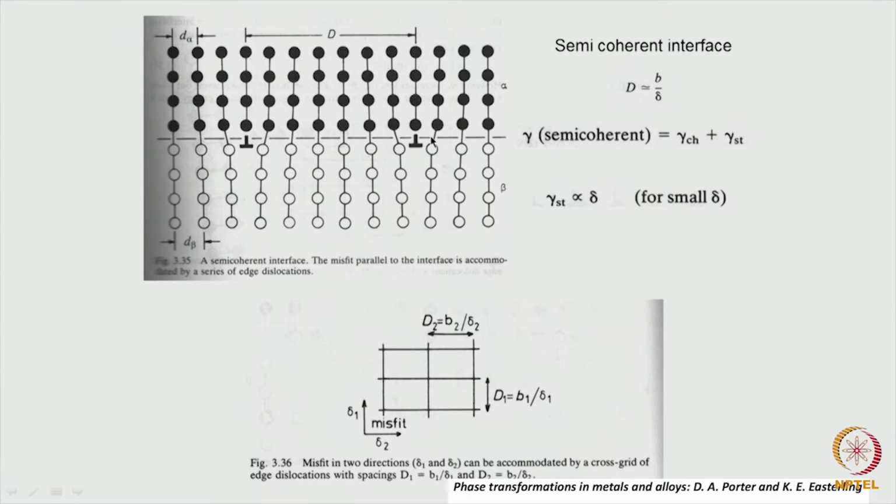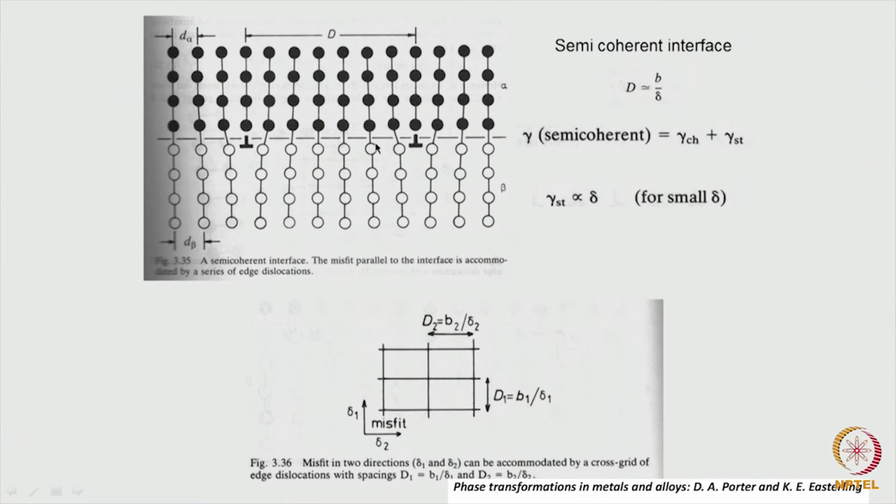No dislocations will be punched out, and essentially it will maintain coherency. That's why when the precipitates are very fine, most of the time they are coherent, and they have a spherical shape associated with it, right? And as the precipitate grows, the morphological change takes place.